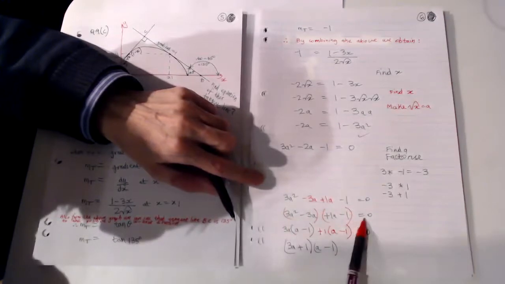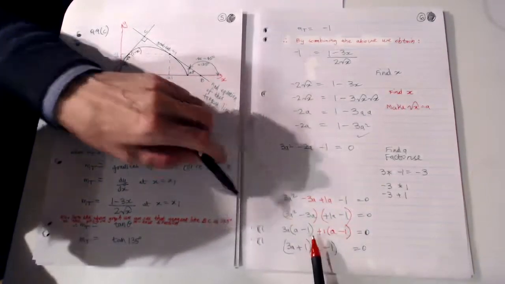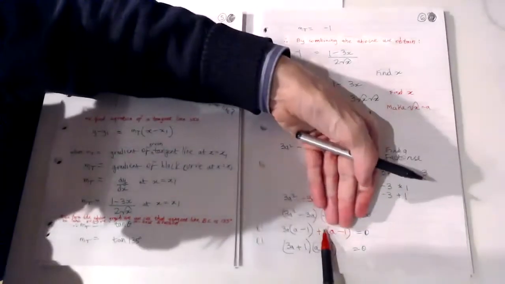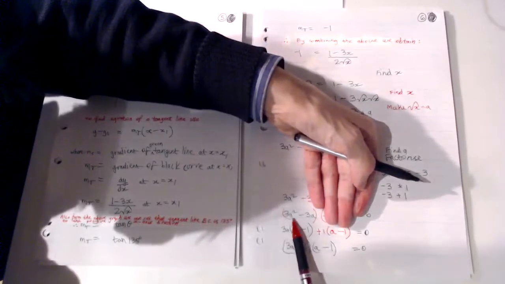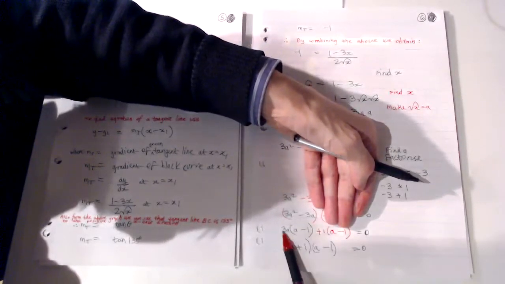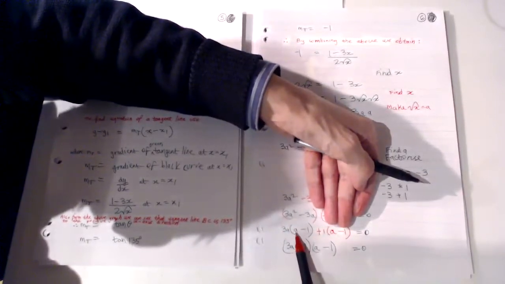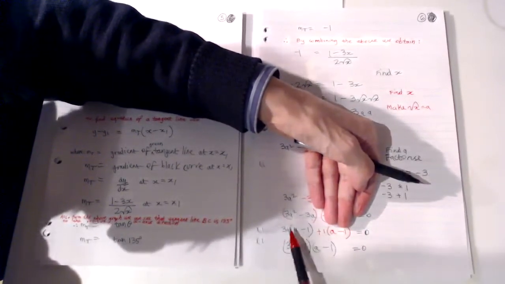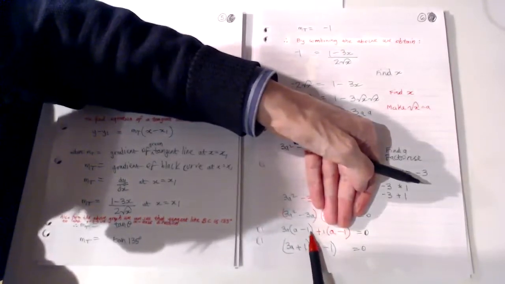So I rewrote all that out here again, and I grouped it 2 and 2. And then you can factorize these first 2 terms. What's the common factor between 3a squared minus 3a? It's 3a. Take out 3a, and that 3a squared becomes a, and that 3a becomes 1.